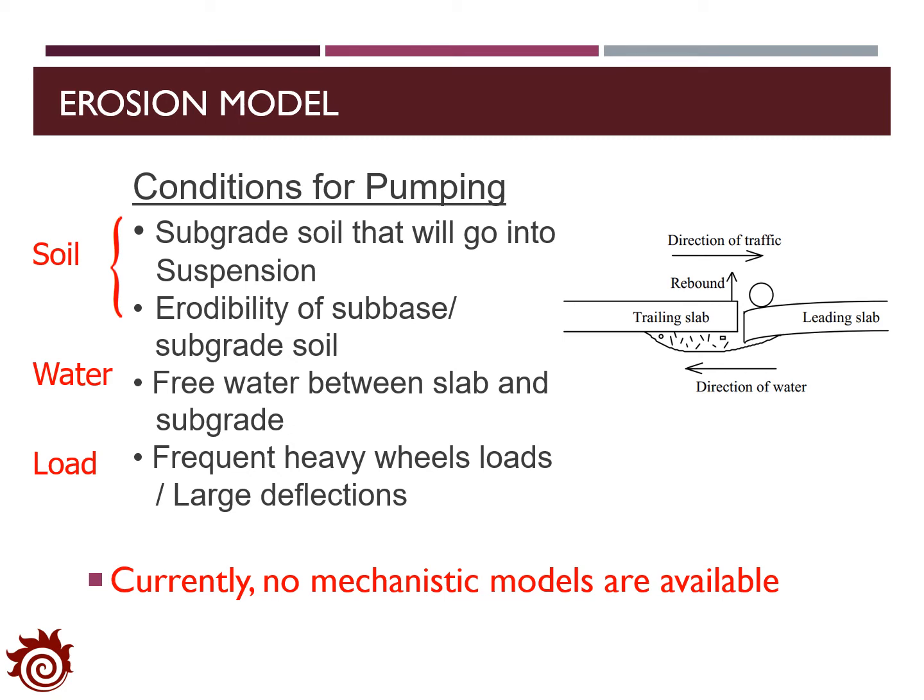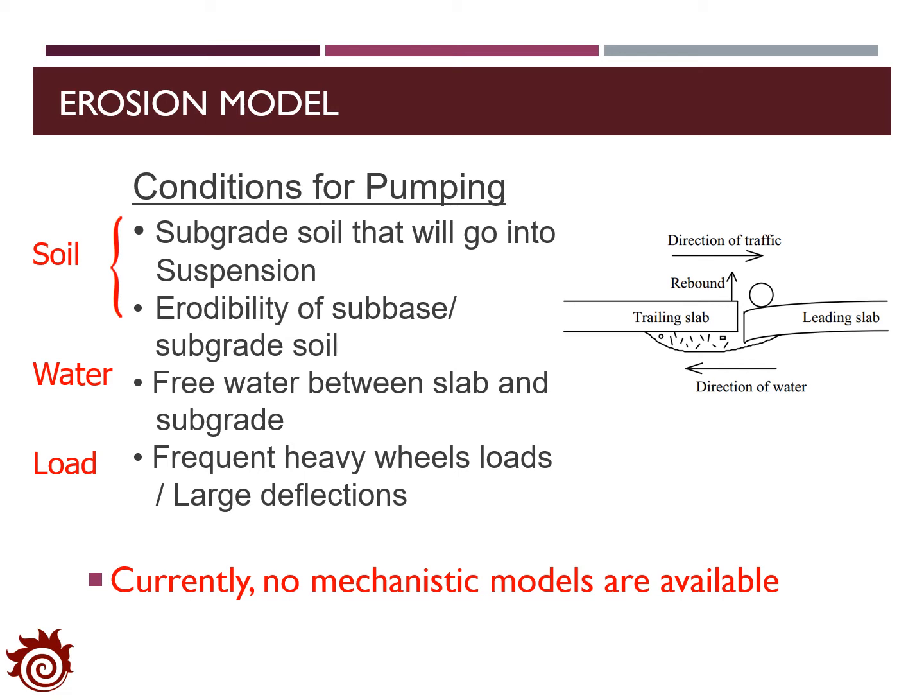And second, there should be some free water between the slab and the subgrade layers. In addition, we should observe some frequent heavy wheel loads applied to the PCC slab. With that, we will observe large deflections in those slabs.